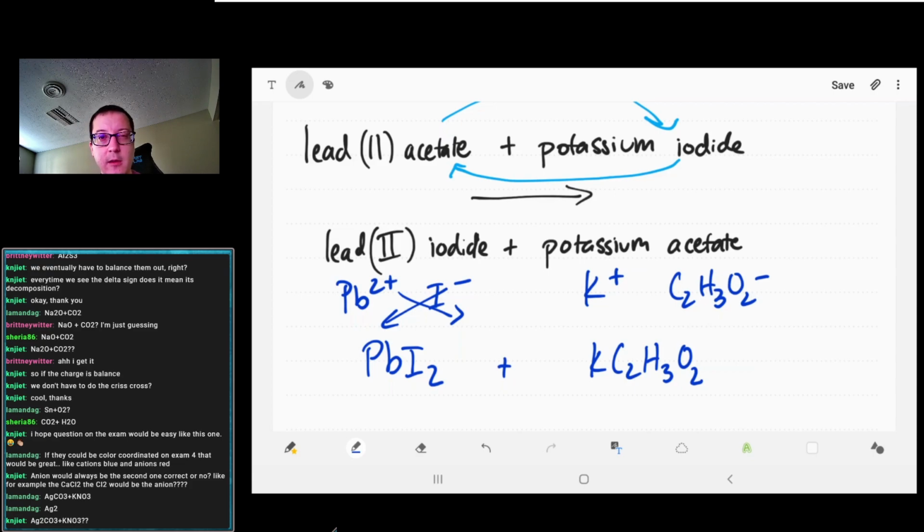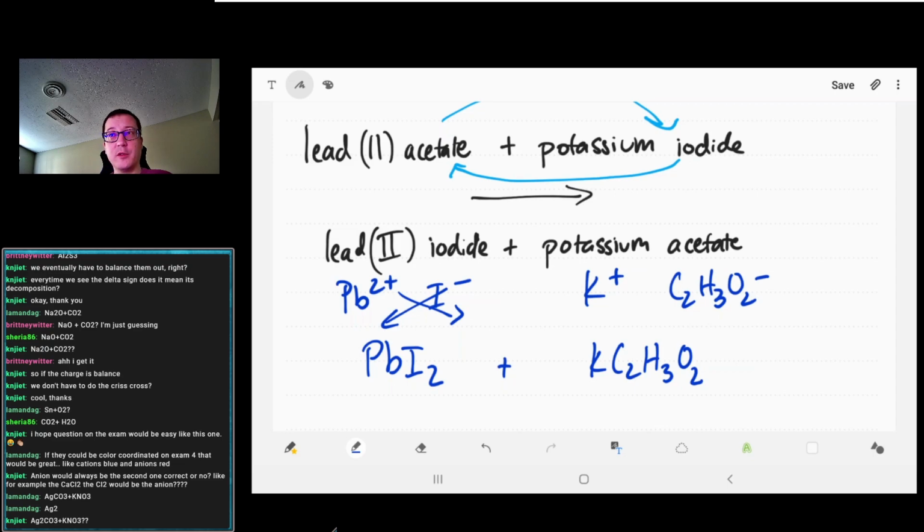All right, is that okay? We'll do more, but I just want to make sure we're okay with this one as well. Which method do you think you like more? Do you like the naming one or the looking at the ions and just swapping those, or the formulas, rather? Just so I'll be consistent in which way I solve these with you guys.